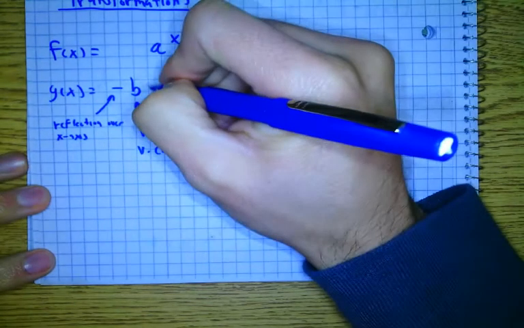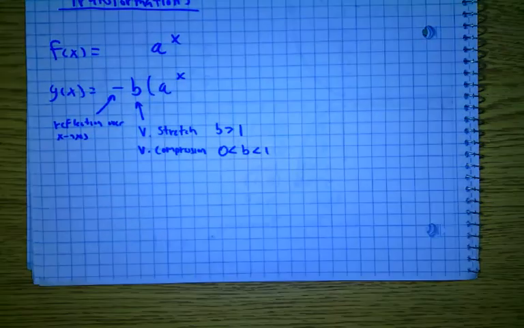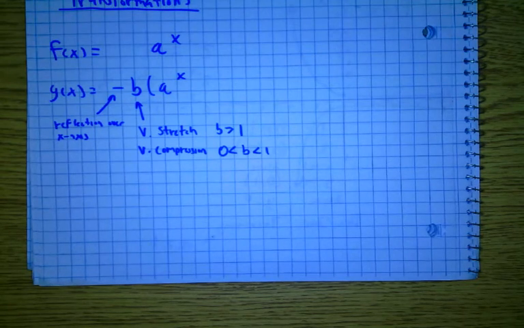Cool. How could I achieve a horizontal compression or stretch? If you multiply, it is going to be on the inside, but at a very specific spot for this type of function.